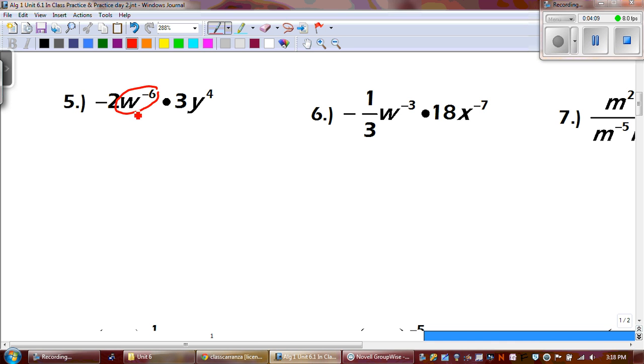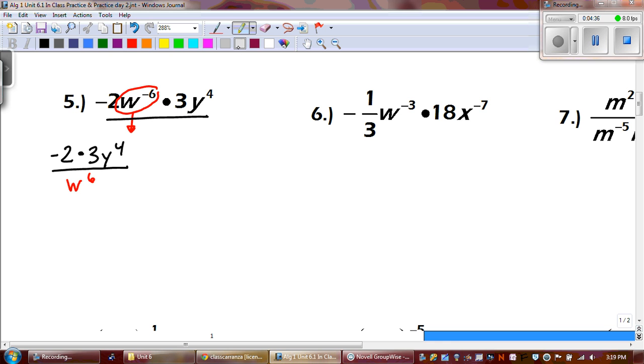Negative 2 is not part of that, okay? So I have to drop something, and I'm going to draw my fraction line, okay? So what we just did, that's our only negative exponent. Everything else stays, and that w to the 6th came to the bottom. Okay, and once it moves to the bottom, it's now positive.